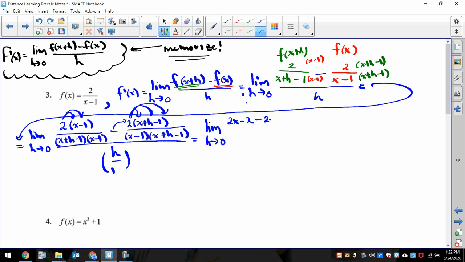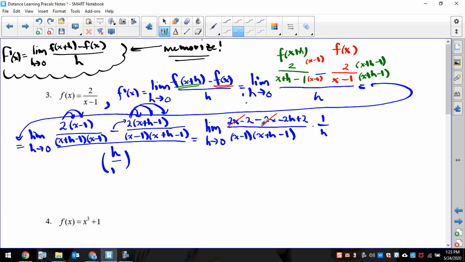So it's going to be negative 2x minus 2h plus 2 all over this ugly denominator, x minus 1, x plus h minus 1. I'm not going to expand this yet, primarily because I don't want to. But the second reason is it turns out we don't need to. So I'm just going to leave it like that. Sometimes it's better to do just small bites at one time before you take on too much.